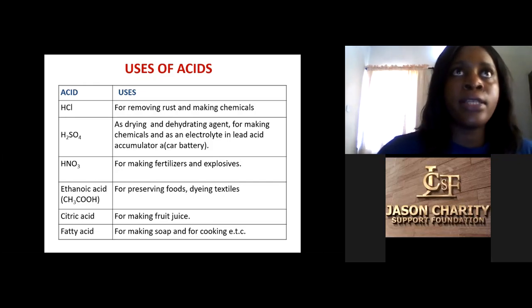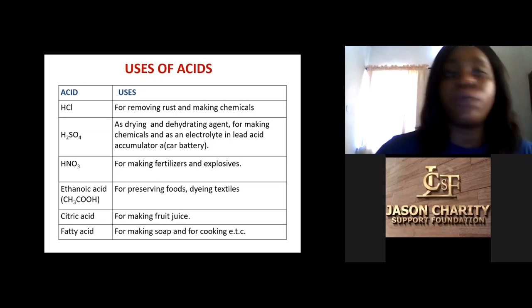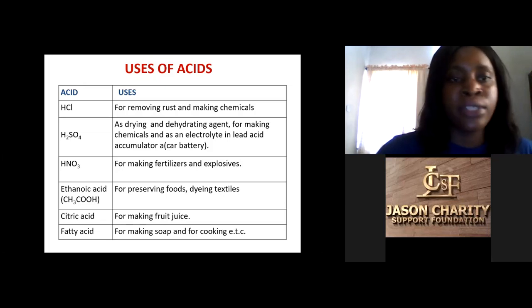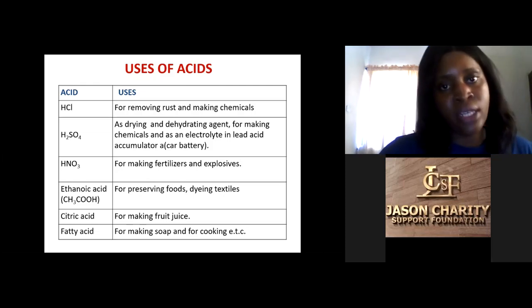Now we also have tetrahydrosulfate 6 acid. In my last class with you, I mentioned tetrahydrosulfate 6 acid as a heavy chemical, meaning that it is produced in large quantity. So this acid is used in the manufacturing of certain chemicals in the industry.